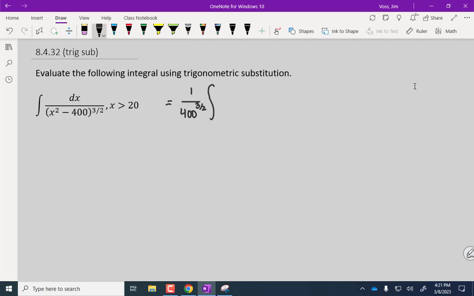Whatever the power is, has to come along. And then, in the denominator, we have quantity to the 3/2. It's going to be a -1. This is going to be x divided by what quantity squared? x divided by 20 quantity squared. Because 20 squared is 400.